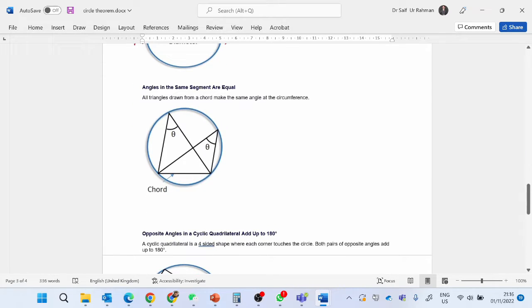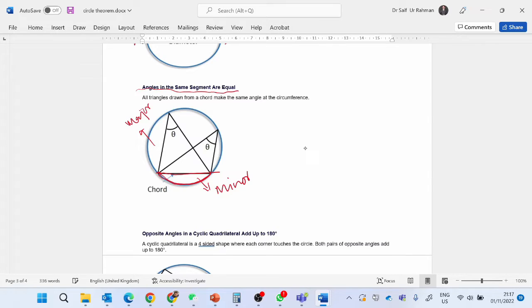And this was the angle which I was discussing above. Angles in the same segment are equal. If there is a chord, and this chord makes two segments, this is the minor segment, and the one above is the major segment.